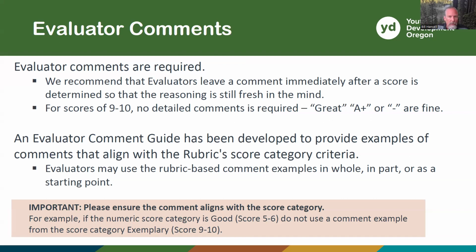And evaluators may use the rubric-based comment examples in whole, in part, or as a starting point. However, it's critically important to ensure that the comment aligns with the score category. For example, if the numeric score category is good, a score of 5 or a 6, do not use a comment example from the category exemplary, which is a 9 or 10.